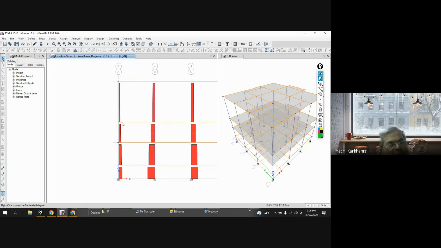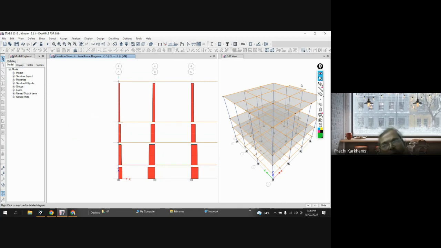Here you will see that the zero starts from a floor below to the bottom of the beam. So you can check the distance, then multiply it with volume and density, and you will get the force. And if you add that force into this, you will get the force over here.